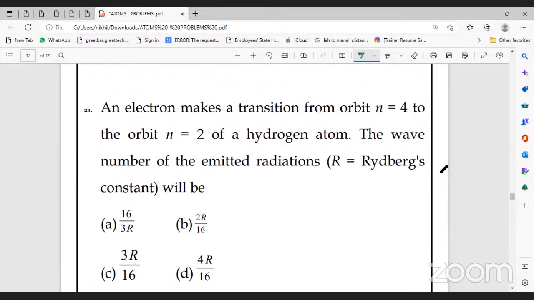Yes. Come to this problem, students. Now, an electron makes a transition from fourth orbit to the second orbit.